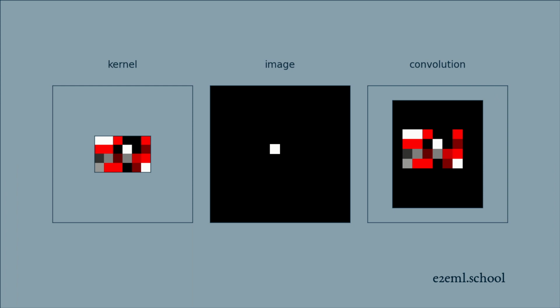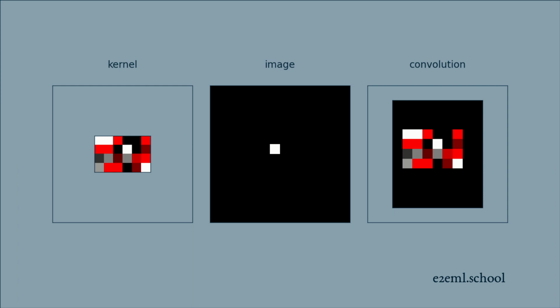And we can only scoot it as far right as it can go until its right edge hits the right side of the image. So that means the result will have the number of columns of the image minus the number of columns of the kernel, plus 1. Same with the number of rows. So the result will always be smaller.